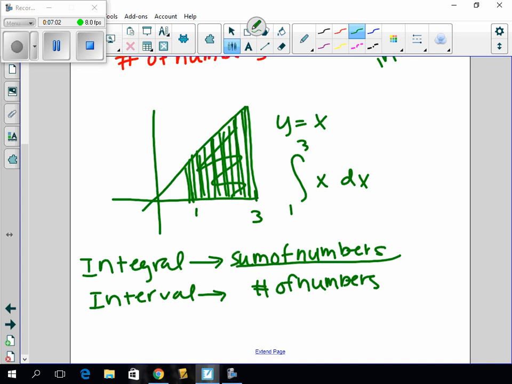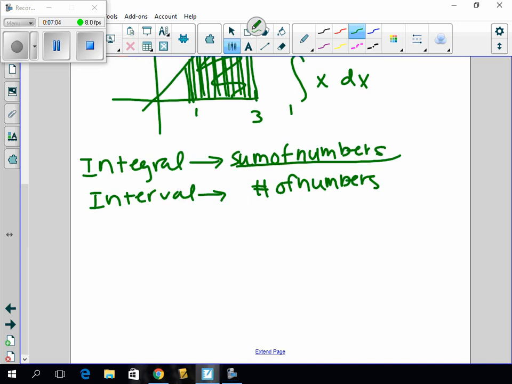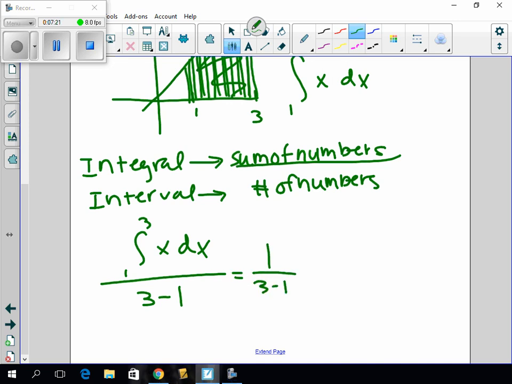So we're going to put this into more concrete notation. The sum of my numbers, we said, was our integral. And then our number of numbers, this is where we take our upper bound minus our lower bound. And so we can rewrite this as 1 over 3 minus 1 times the integral from 1 to 3 of x dx.